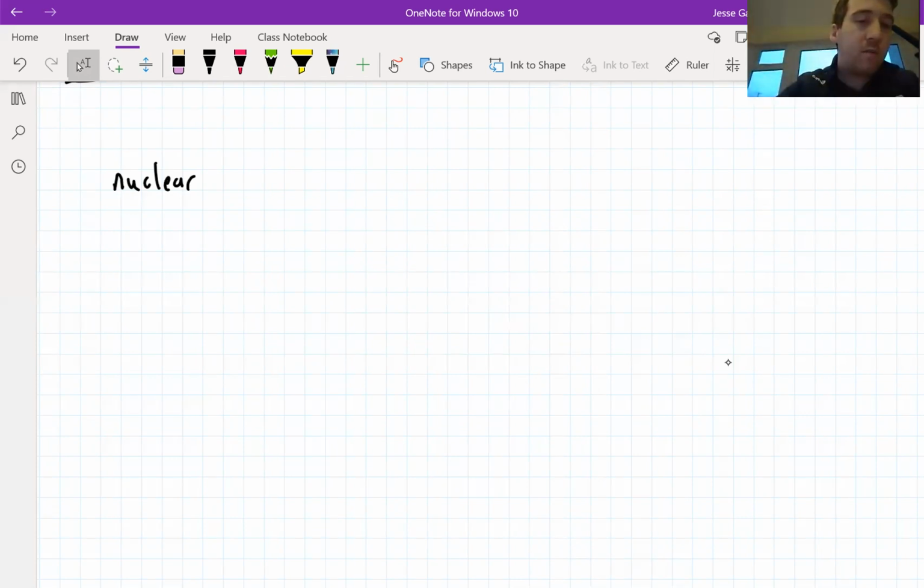We also have the magnetic energy store. This is energy involved in, like, 2 magnets when they come close to each other and they get pulled towards each other or pushed away. That's what we're talking about, the magnetic energy store.